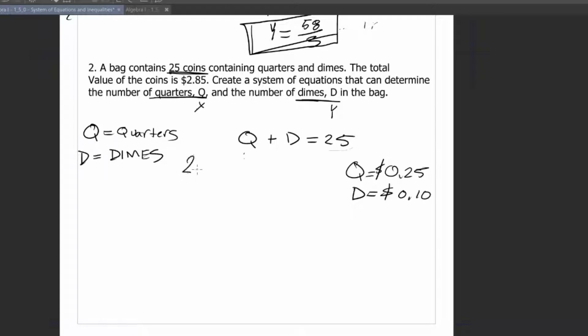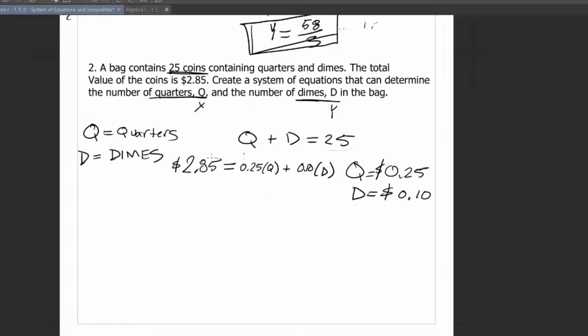So our second equation would be 285 is equal to the value of a quarter times Q, which is the number of quarters, plus the value of a dime times D, the number of dimes, right?